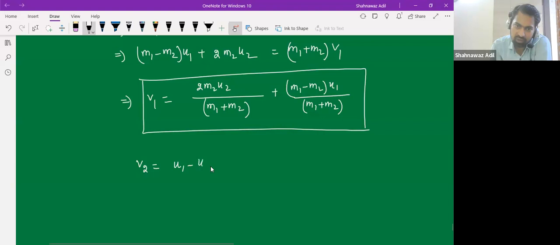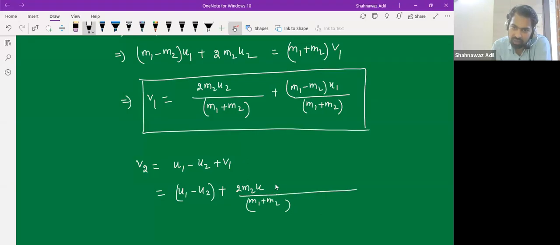U1 minus U2 plus V1. So then this would be how much? U1 minus U2 and plus V1, which is 2M2 U2 divided by M1 plus M2, right?